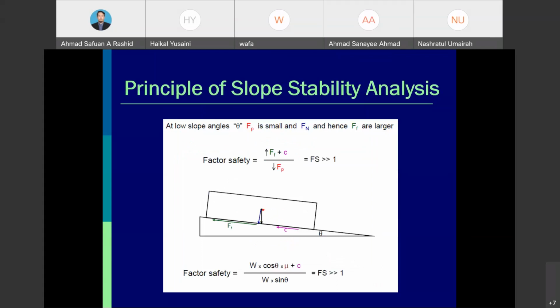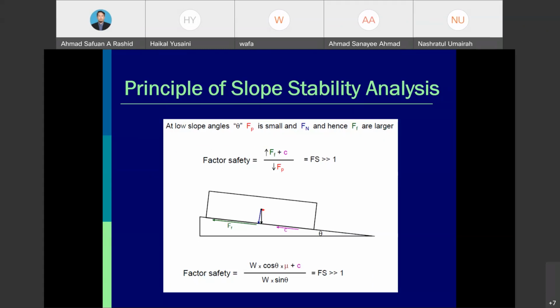At a low slope angle, Fp is small, and Fn and hence Ff are larger. So the factor of safety is greater than 1. Actually, this is based on a limit equilibrium approach.